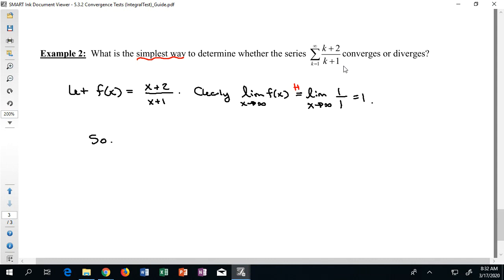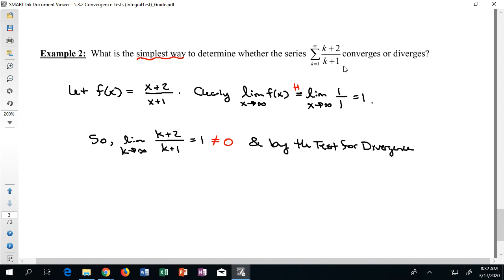But if the limit of the matching function is 1, then that means that the limit of the inside formula, which I'll just write as k plus 2 over k plus 1, must also equal 1. Last time I checked, 1 is not the same as 0. And by the test for divergence, the series diverges.